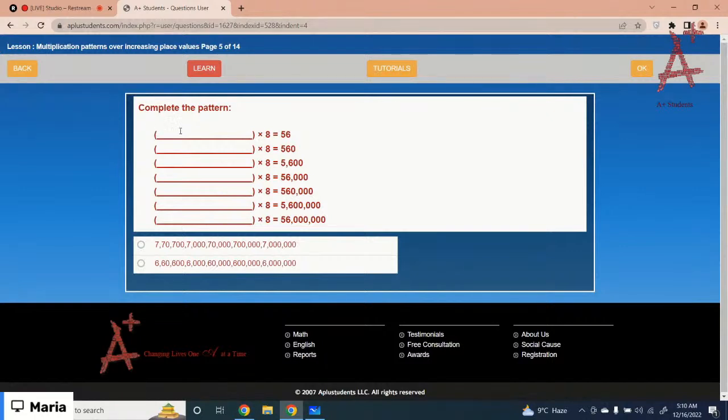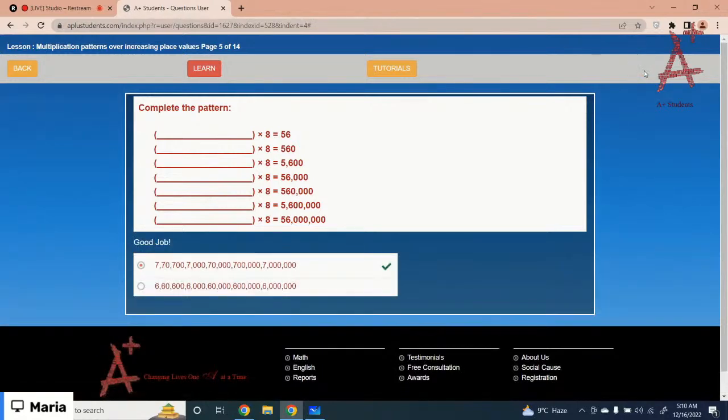Got it? So then you have the next number is 560. That means the missing number must have a single zero. It would be 70. Got it? For the next number, it would be 700. So the first option is the correct one. Just select the correct option, then click on the OK button.